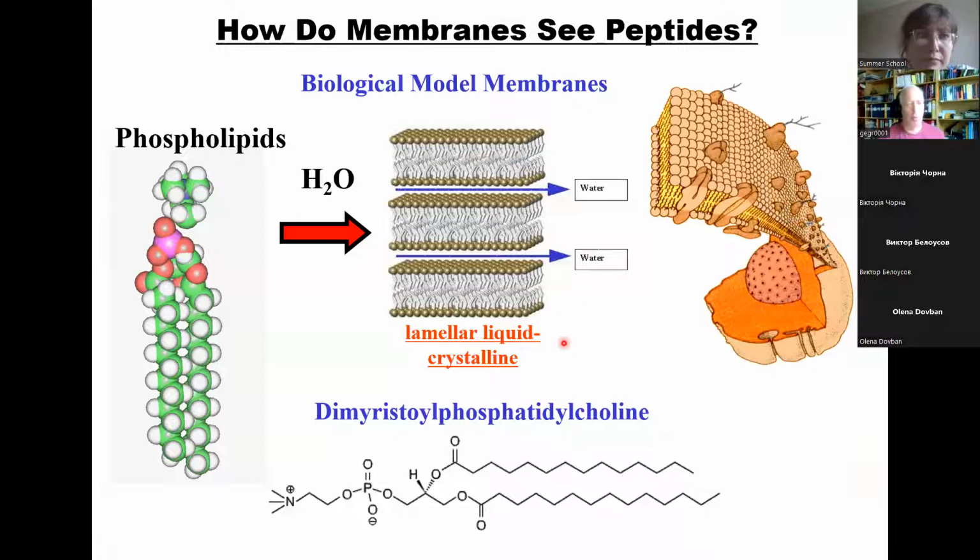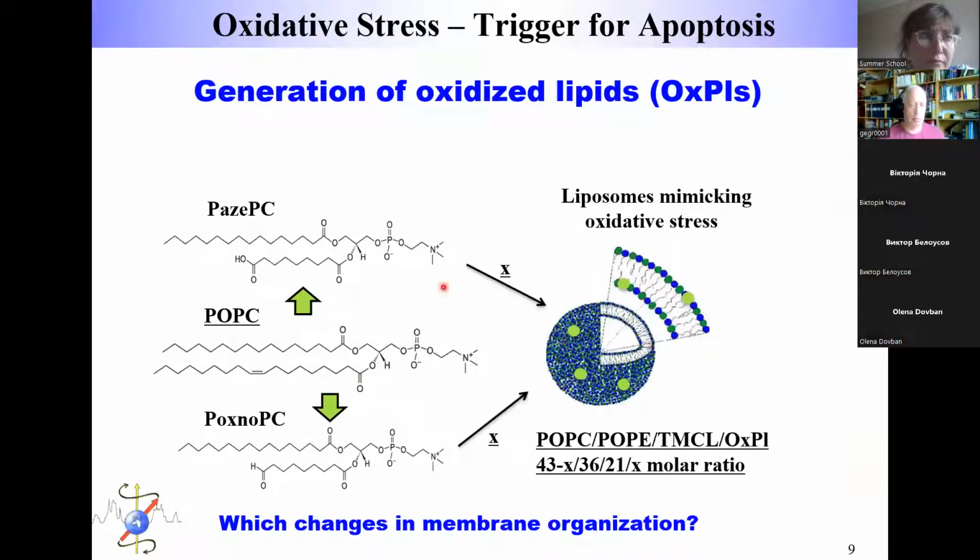To make it a little more complicated, you can use an unsaturated lipid, palmitoyl phosphatidylcholine. And if you want to simulate oxidative stress in a membrane, you put some oxidized lipids in. Here's PACE with a carboxyl group at the end of the fatty acid chain, the aldehyde.